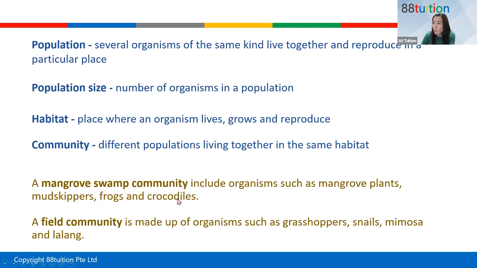Crocodile is one population, frog another population, mudskipper another population. Clear? You have to understand the difference between population, habitat, and community, these three. So far, so good. No questions, right?